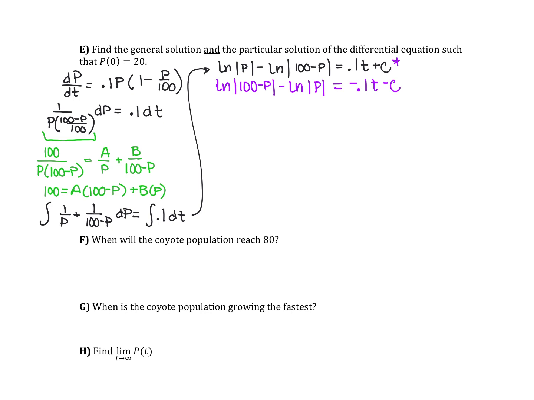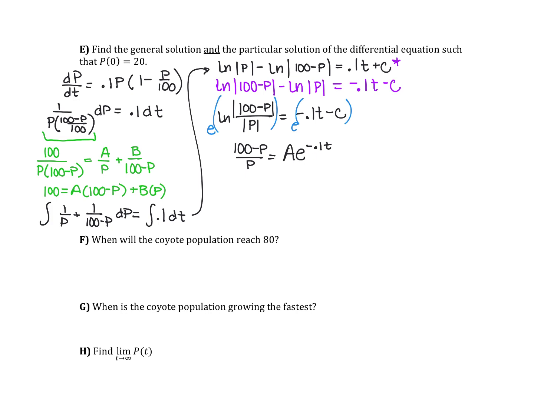And if we work to combine this, we're going to get the natural log of the absolute value of 100 minus p over p equals -0.1 t plus, minus rather, c. And I'm going to exponentiate it. And I'm going to take a shortcut here because I know that would give me 100 minus p over P equals A e to the negative 0.1 t.